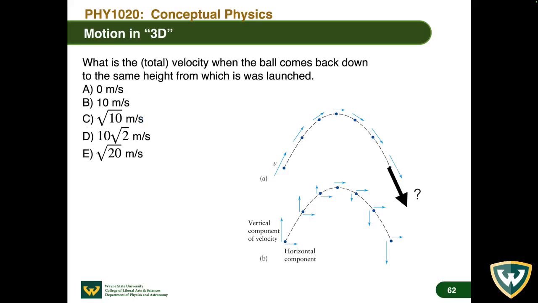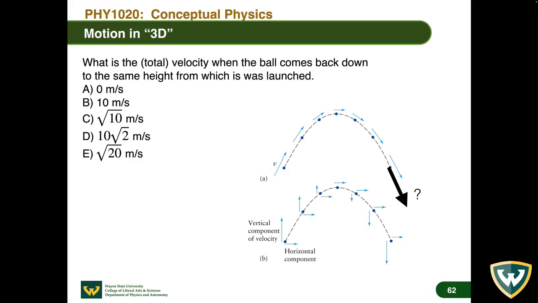Then you can ask yourself, what is the total velocity when the ball comes back down to the same height from which it was launched? What is now the total velocity? Right? That means including both the horizontal and vertical component.